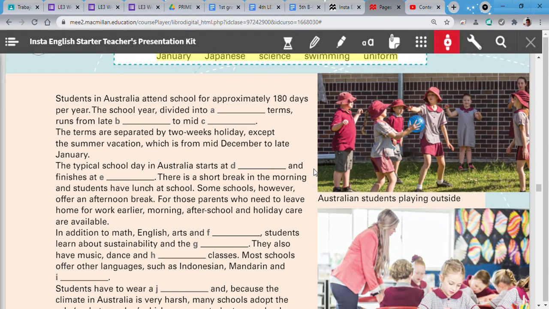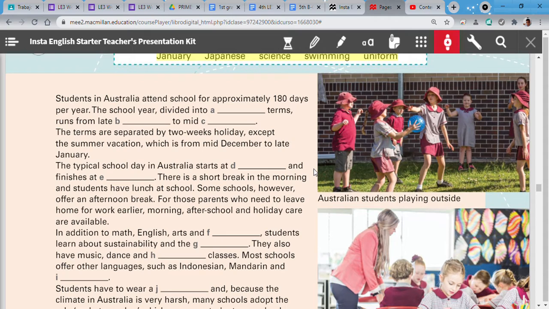The typical school day in Australia starts at 9 a.m. and finishes at 3:30 p.m. There is a short break in the morning and students have lunch at school. Some schools, however, offer an afternoon break for those parents who need to leave home for work earlier. Morning, after school, and holiday care are available.